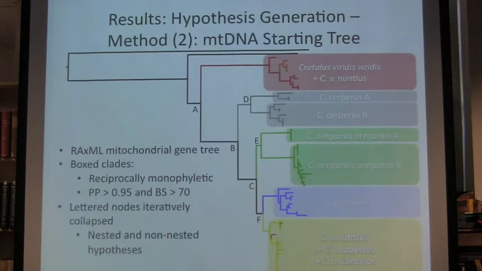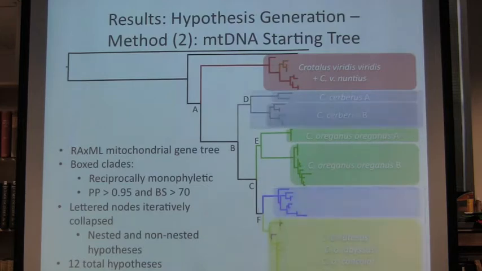The lettered nodes here were iteratively collapsed to create both nested and non-nested hypotheses of species delimitation, to create a total of 12 hypotheses based on this method. So to illustrate that, if we collapse node F, we are left with 6 total species, grouping helleri and lutosus into one putative species.